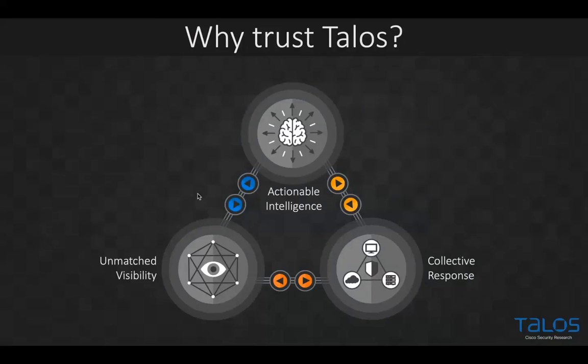If you think about it, our visibility allows us to develop that intelligence, but then as we start responding, and maybe that work involves working with other partners, we can improve our visibility, which then enables us to get more actionable intelligence. And again, we just keep refining our protection so that the protection becomes stronger and stronger on our customers' networks. And that's really important because this landscape is far from static.